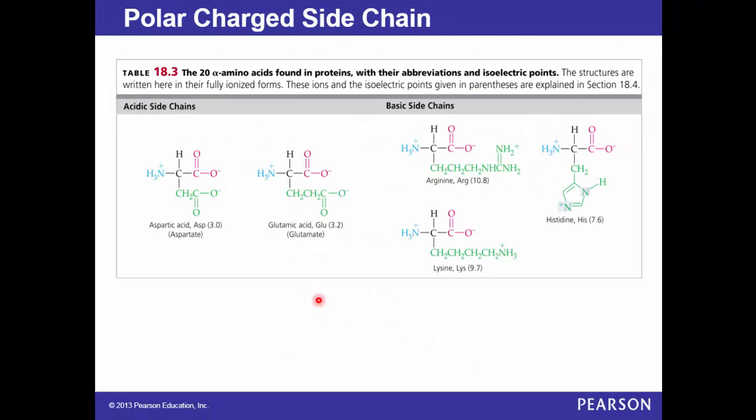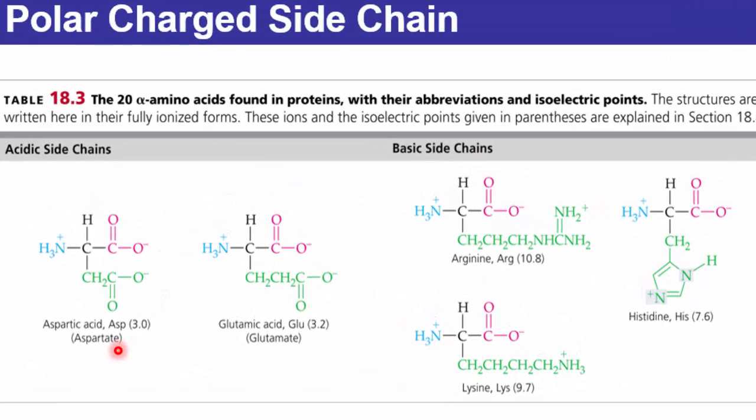The remaining 5 amino acids are classified into acidic side chains and basic side chains. The acidic side chains are aspartic acid and glutamic acid. They have similar R groups, but glutamic acid has an extra CH2. The basic side chains are like arginine with this guanidinium group.